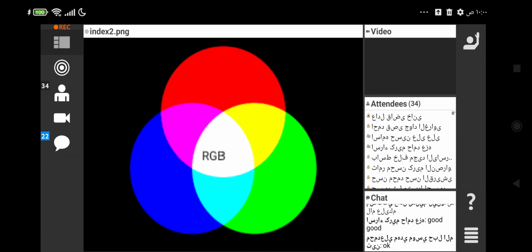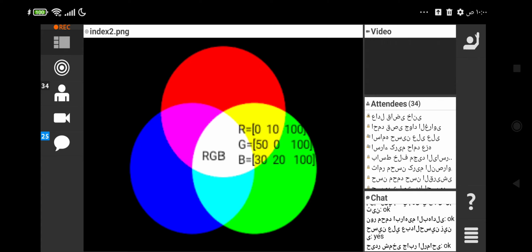Let me write it here for you. For example, R, G, B. Can you see this here?